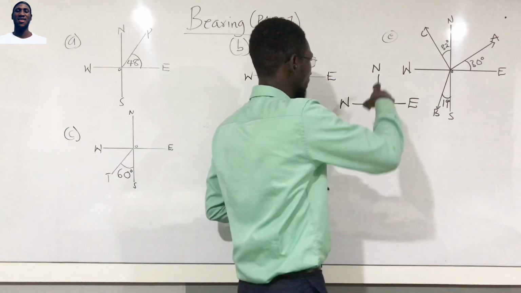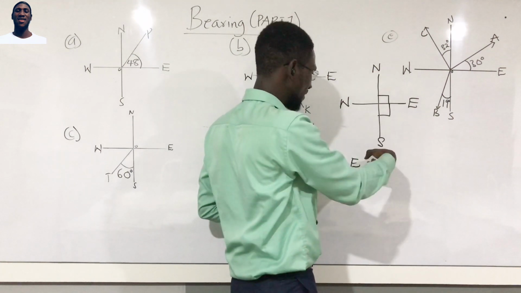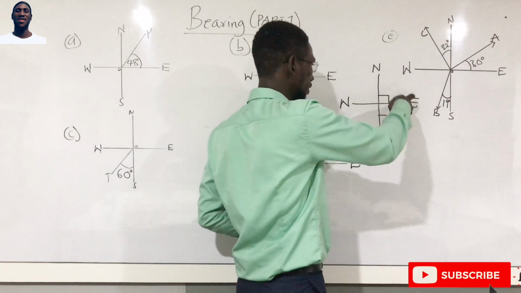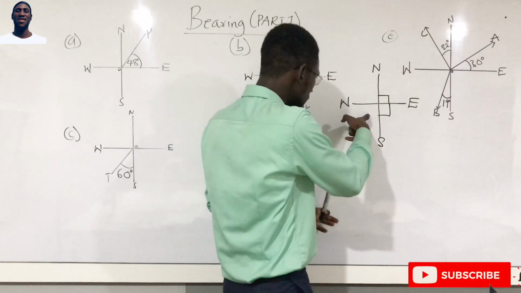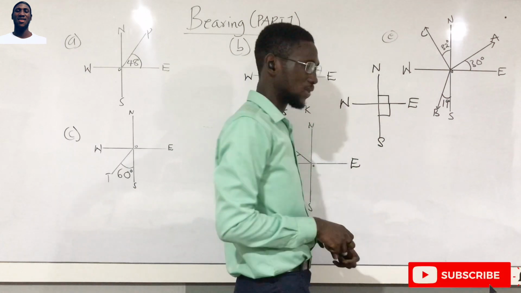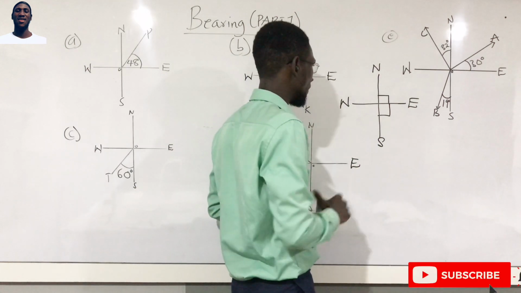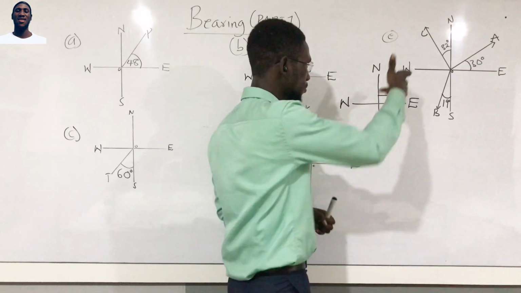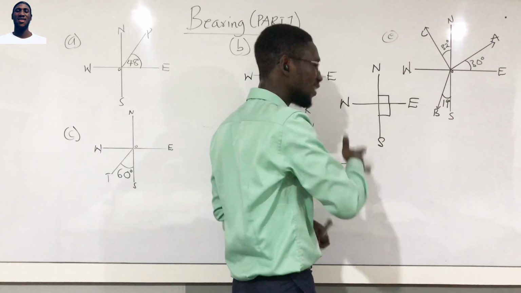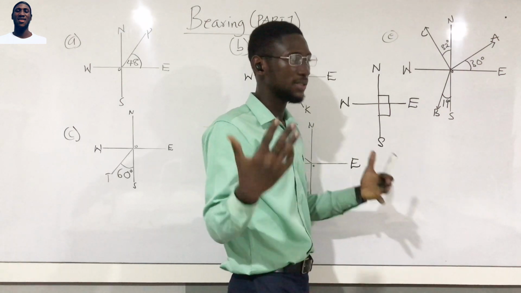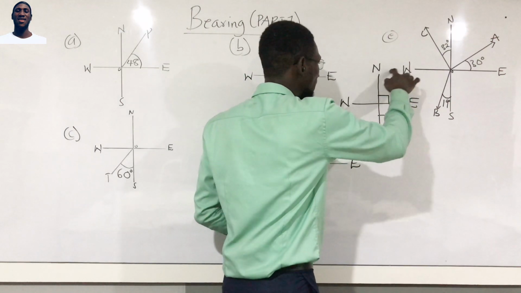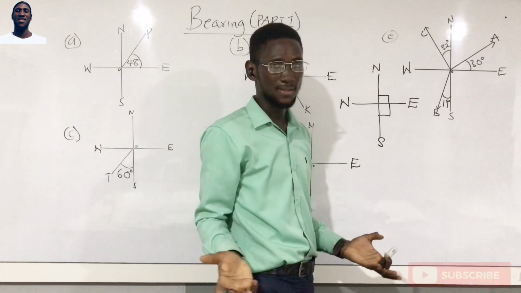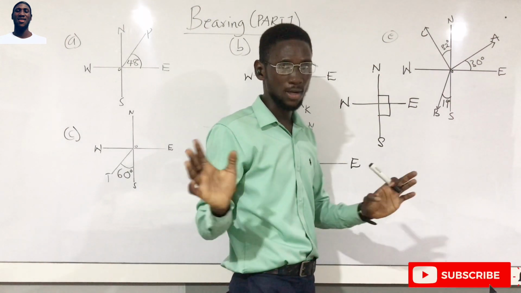This means the angle between north and south is 180 degrees. This side is also 90 degrees. So I can say that the angle between north and my west, 90, 90, 90, gives me 270 degrees. Then from north up to north gives me 360 degrees, just like a circle.